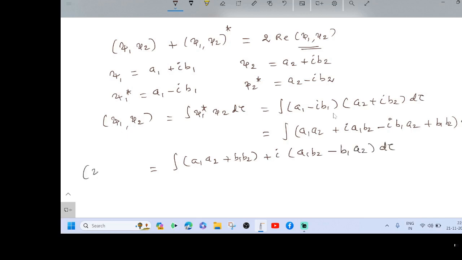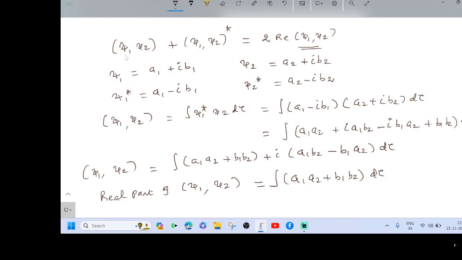This is psi 1 comma psi 2. Now real part of psi 1 comma psi 2 is equal to the integral of a1 a2 plus b1 b2 into d tau. This is real part of psi 1 comma psi 2.